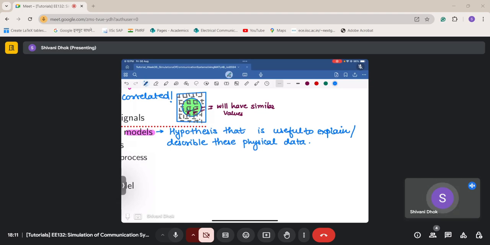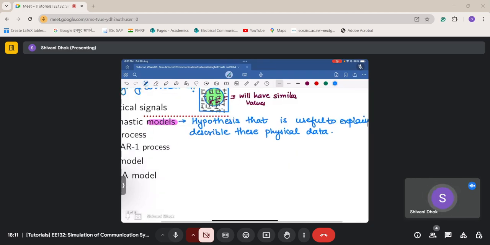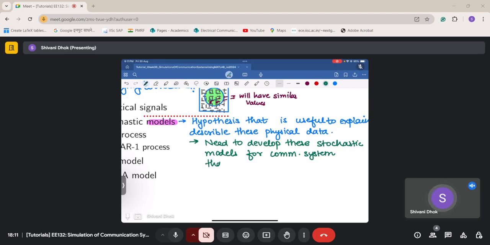Basically, we need to develop these models, or stochastic models, for communication systems that will lead to optimal performance.